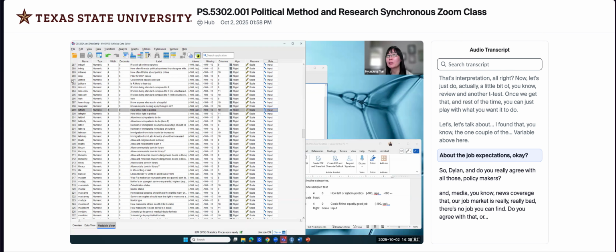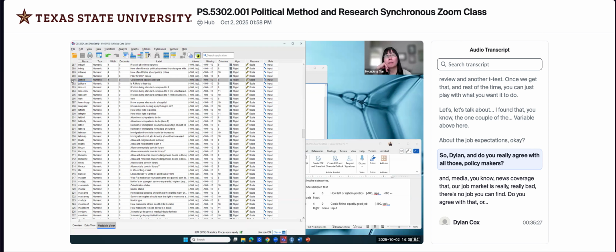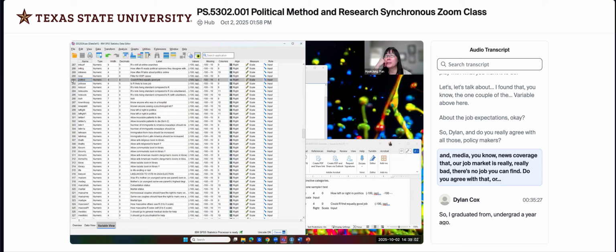Dylan, do you really agree with all those policymakers and media news coverage that our job market is really, really bad? There's no job you can find. Do you agree with that, or what do you think?